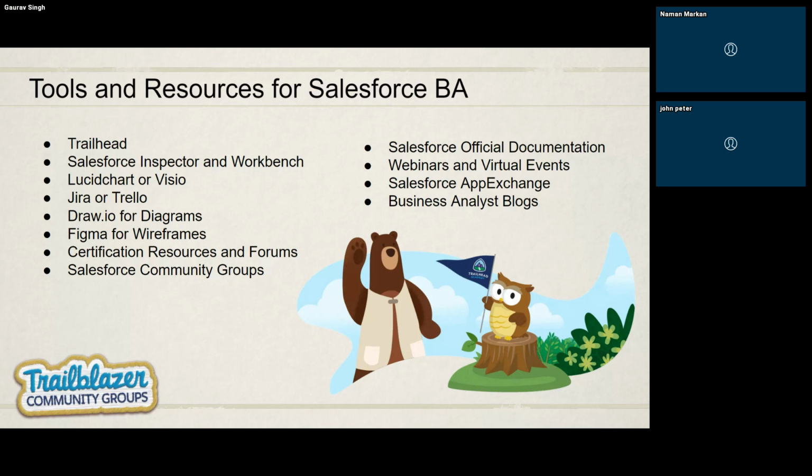As a BA, we are considered the person who, if I say the moon is black, you have to believe the moon is black. That is the power of the Salesforce official documentation. We have to be aware of what is going on in the ecosystem so that whenever we pitch to a client, we are 100% confident.